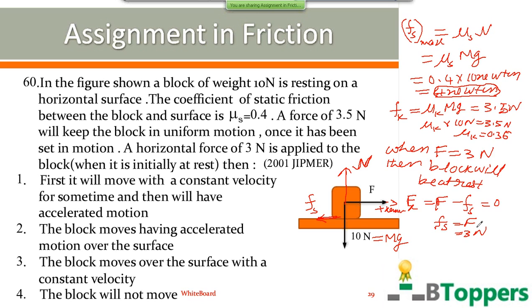So with this I have completed the discussion of all the questions 1 to 60 in the assignment on friction. I would like to show you another 9 questions in this assignment, the solutions of which I will be discussing in my next class. So in continuation, I am going to show you the questions numbering from 61 to 69.